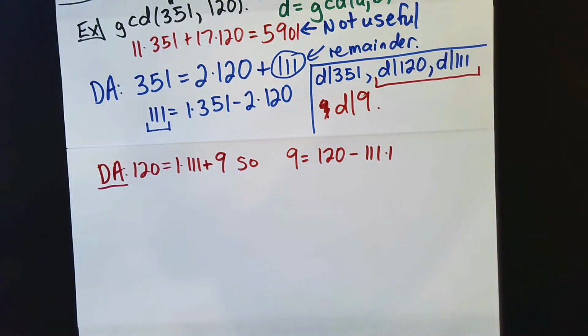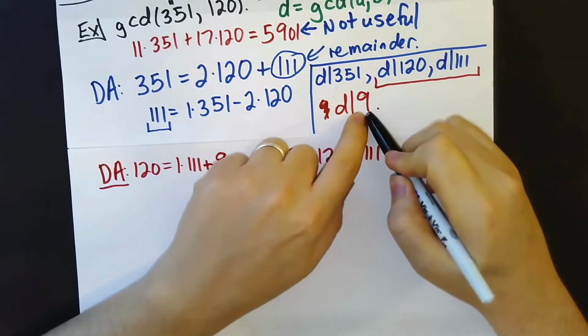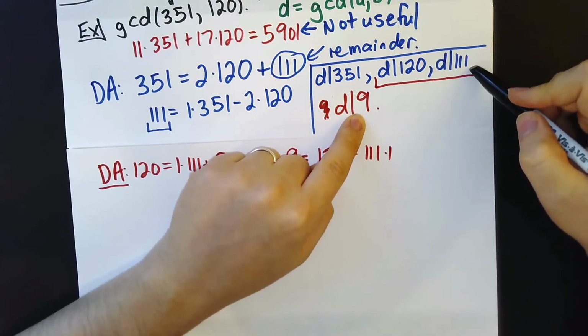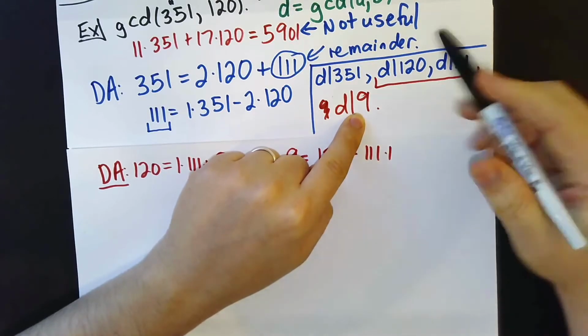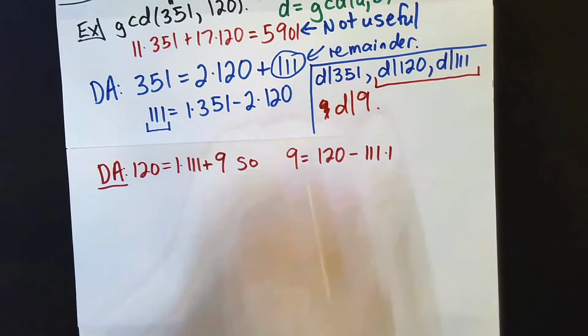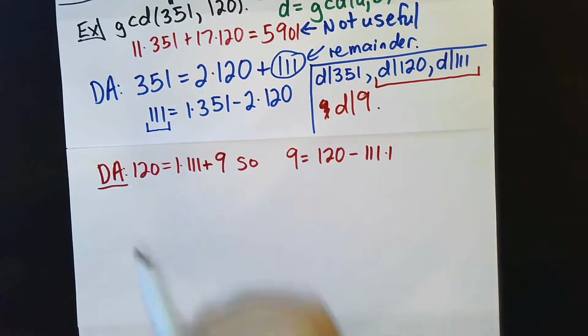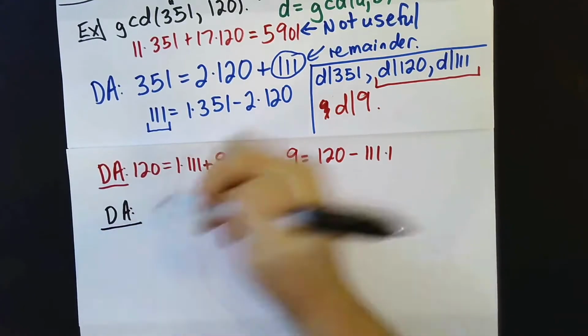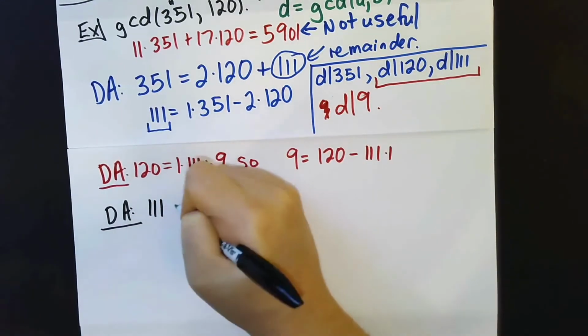Well, you can probably guess what we're going to do now. Now, the GCD divides both 9 and 111, so I can produce an even smaller number that the GCD divides by applying the division algorithm to 111 and 9. So we apply the division algorithm again. And so we have to decide how many times does 9 go into 111.